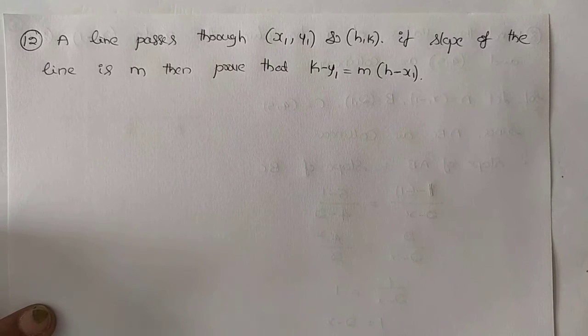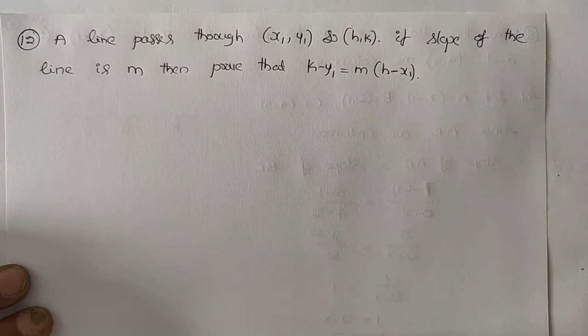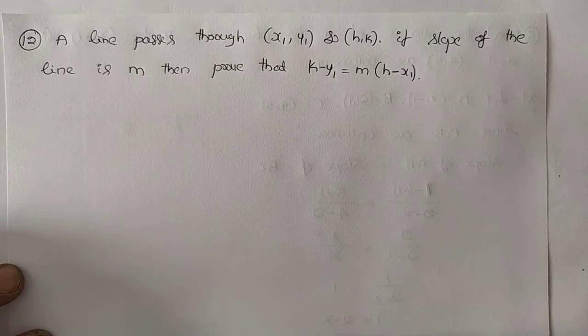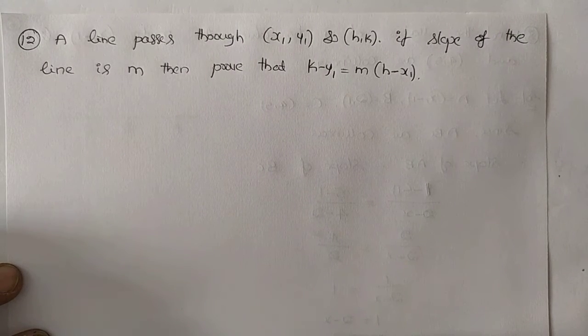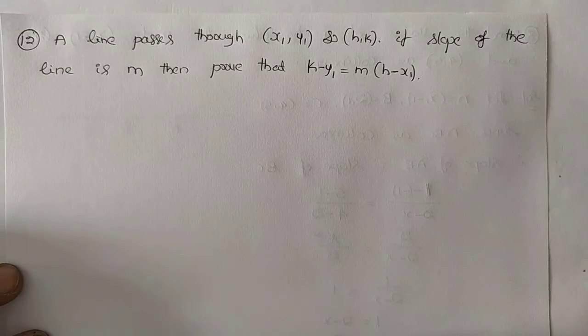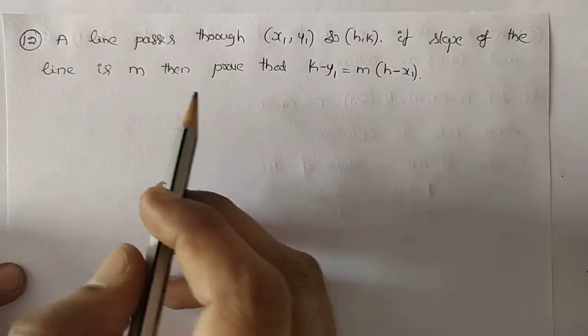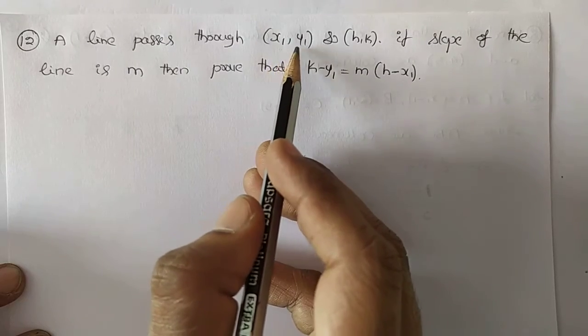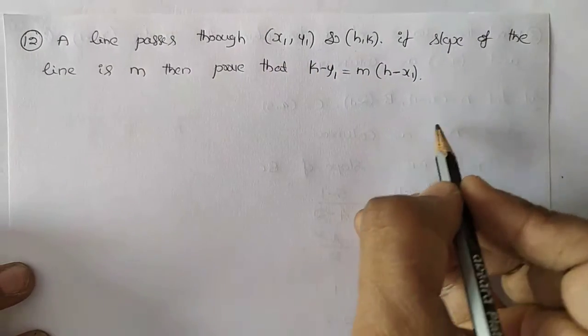A line passes through (x1, y1) and (h, k). If the slope of the line is m, then prove that k minus y1 equals m into h minus x1. See, a line passes through (x1, y1) and (h, k).